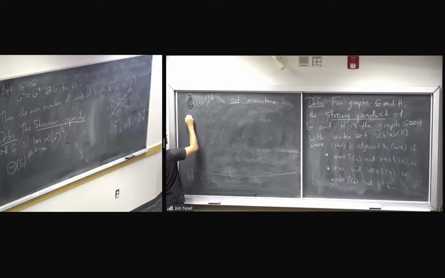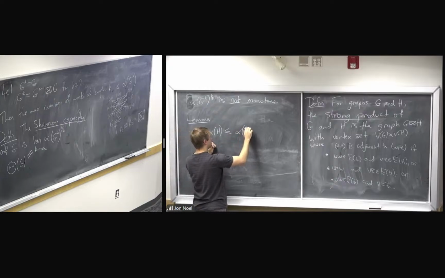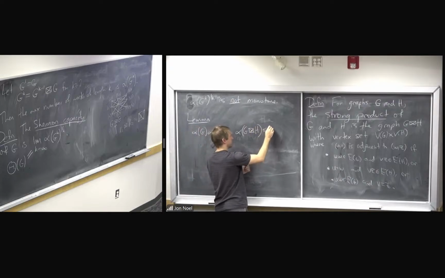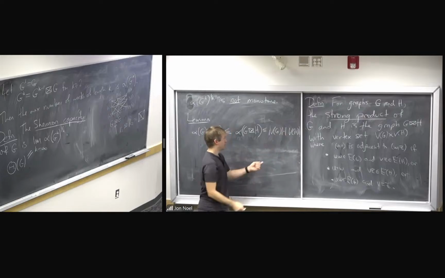I think this is in your assignment, so I won't prove it here. In general, if I take two graphs G and H and look at their independence numbers, the product of the independence numbers of G and H is at most the independence number of the product of G and H, which is at most the number of vertices of G times the number of vertices of H, where this upper bound is kind of trivial.